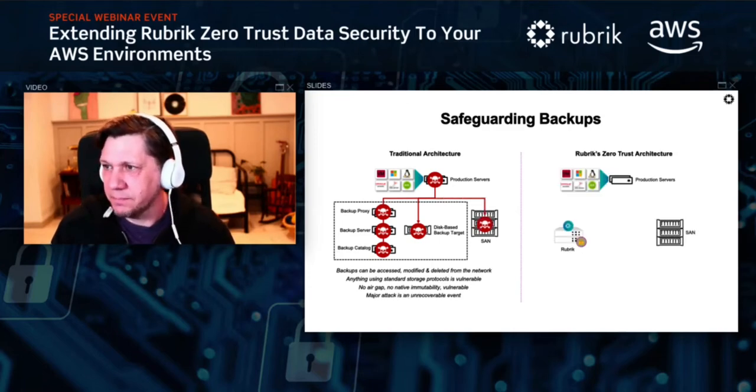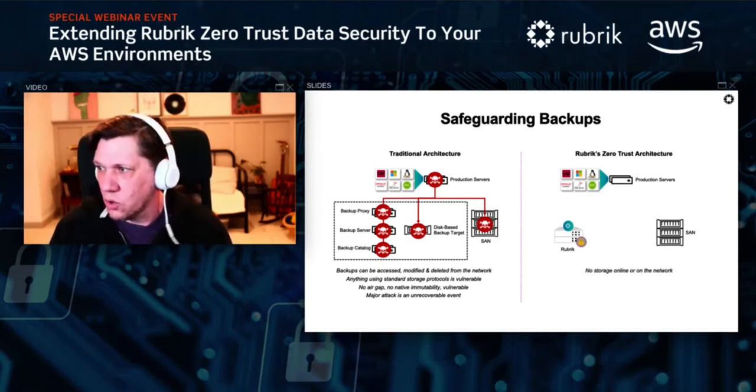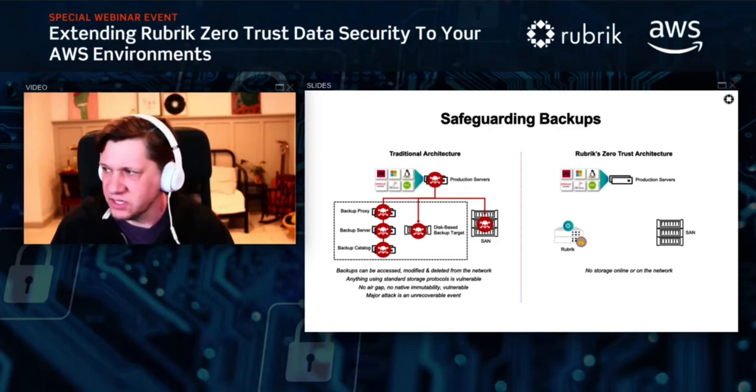Thankfully, when we get to how Rubrik works, it's different. First of all, our storage is not accessible over standard protocols. All data that goes in and out of Rubrik always goes through our APIs and then into our custom built file system.